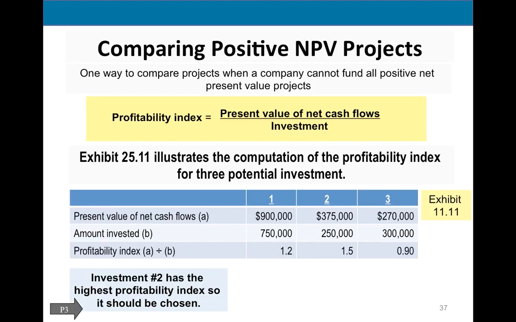Now, another way to look here at decision making would be the so-called profitability index, and it's the present value of net cash flows divided by investment, and it's an index, the profitability index. We're using the same amounts, so I have project 1, the present value of all net cash flows.